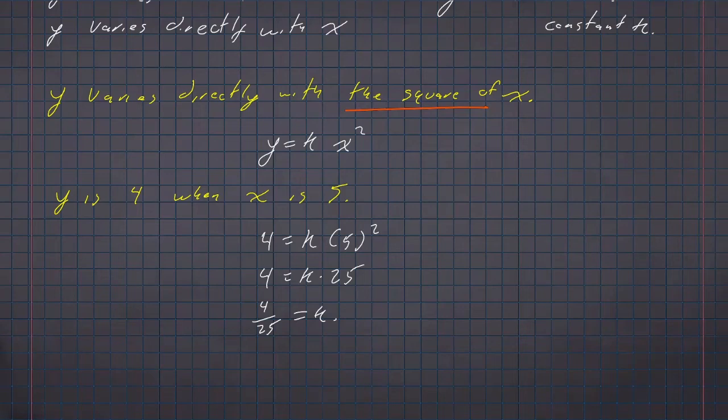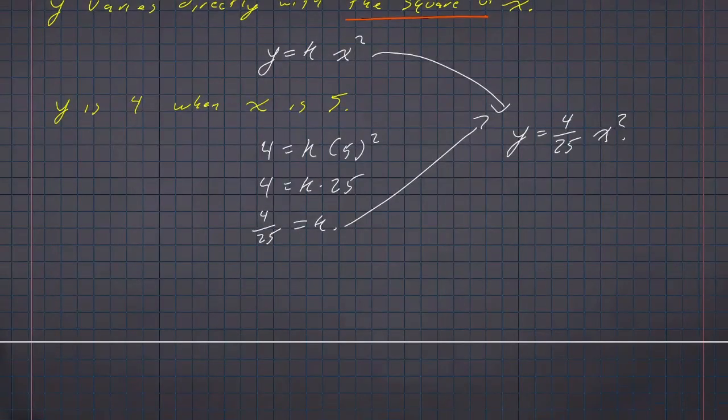So we can plug that back into the original equation and write that y is equal to 4/25 times x squared. And that's useful because we might be looking at another situation that we are interested in.